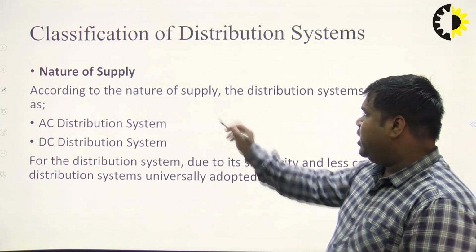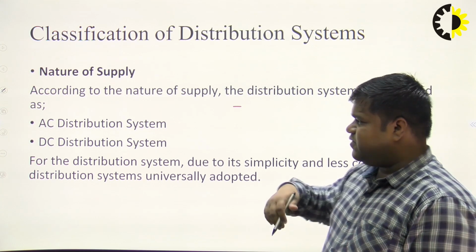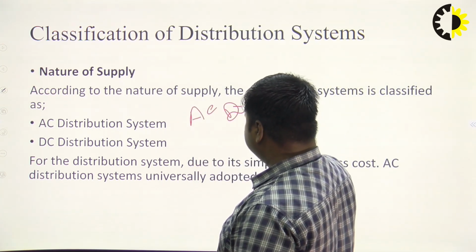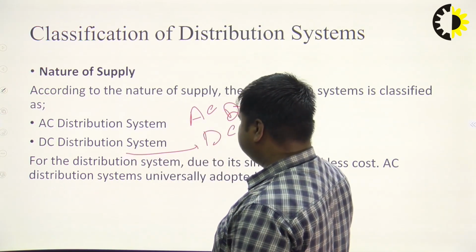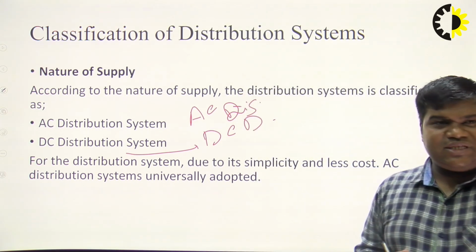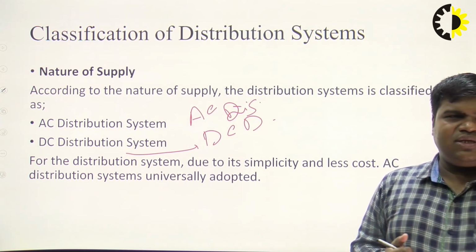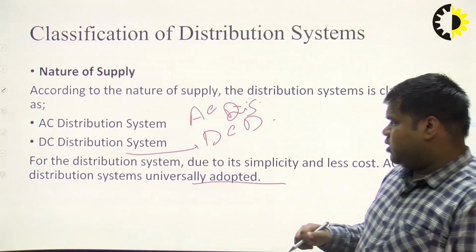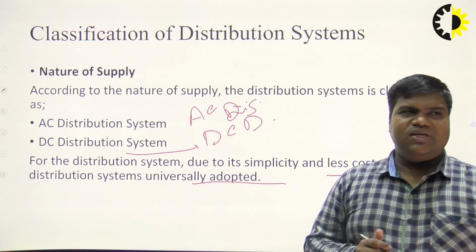According to the nature of supply, the distribution system is classified as AC distribution system and DC distribution system. Due to its simplicity and lower cost, the AC distribution system is universally adopted. This is the widely used one.